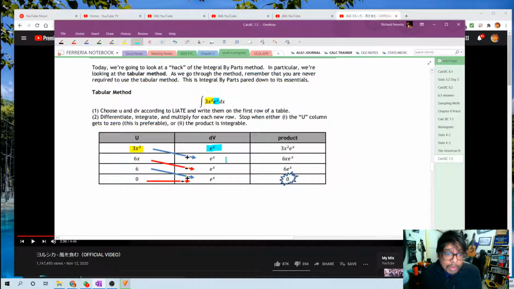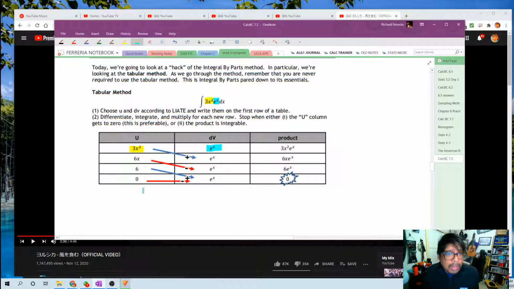The other drawback here is that it's really easy to forget that the right side here is antiderivatives. I'll see some people take the derivative of the u column and then take the derivative of the dv column.